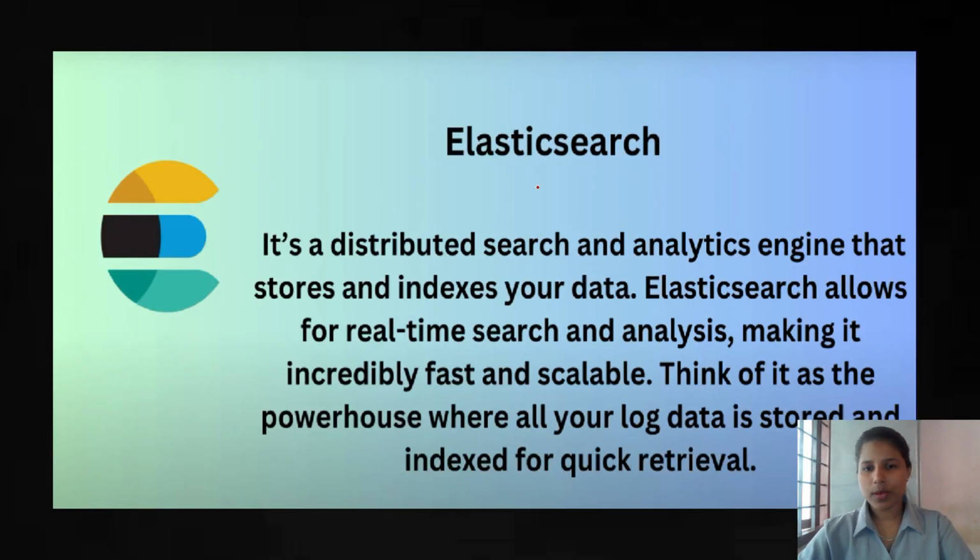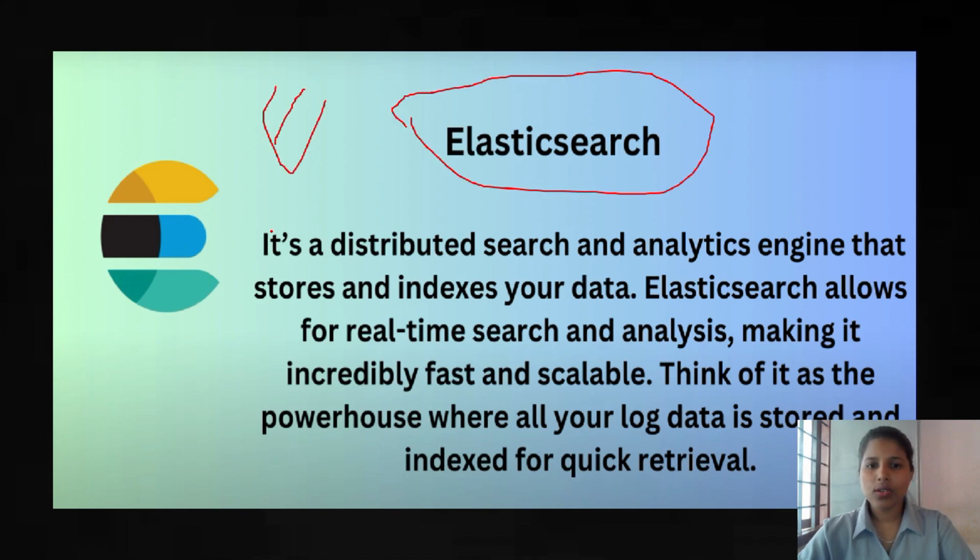For the first one, Elasticsearch, which is the E in ELK. In the name itself we can see that Elastic is about search. It's a distributed search and analytics engine that stores and indexes your data.